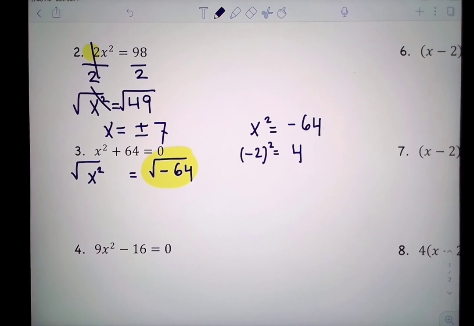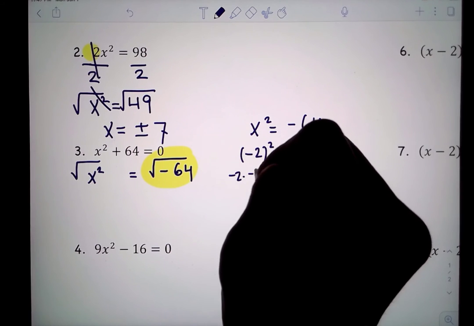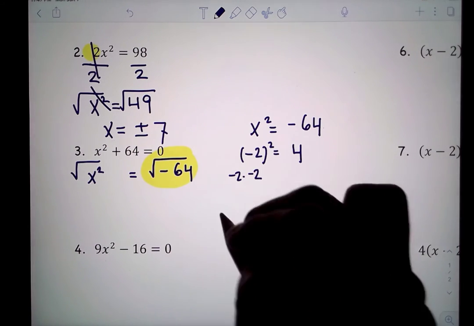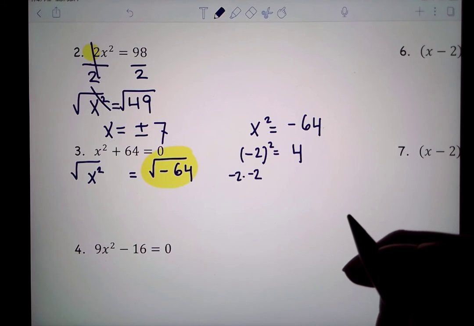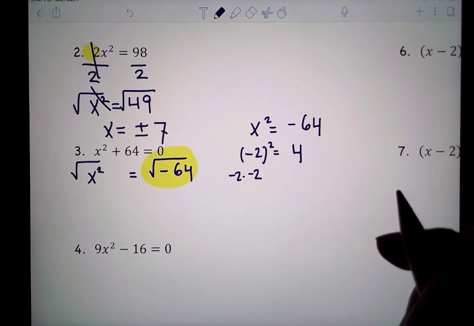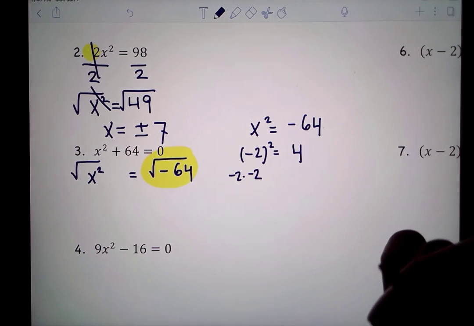It turns to positive, because square means you're multiplying it twice, right? So if you multiply two negative signs, then you get a positive number. Think about it. There's no way of multiplying the same number, negative negative or positive positive, and getting a negative answer. It's not possible.